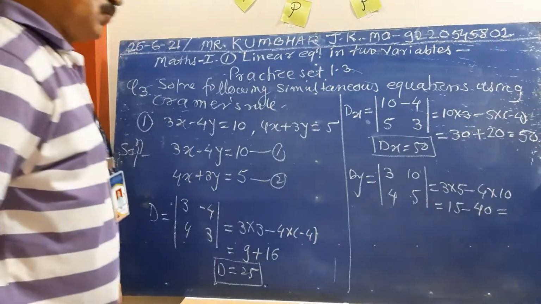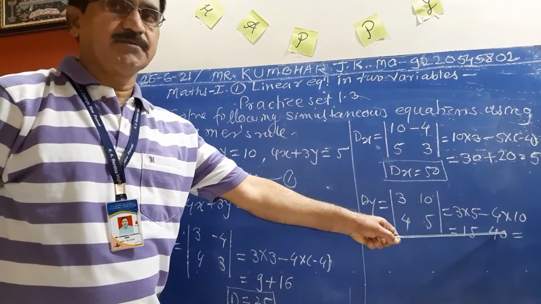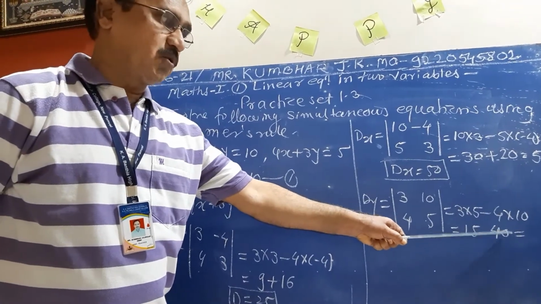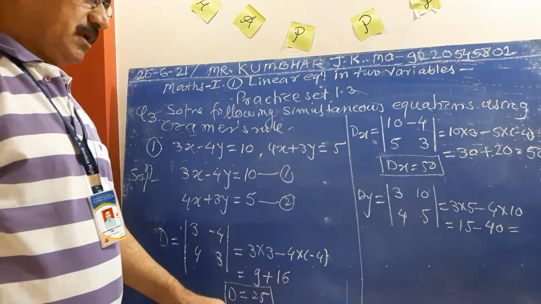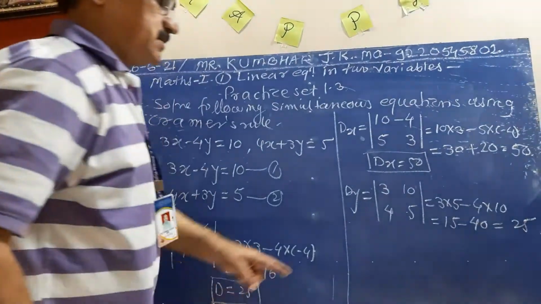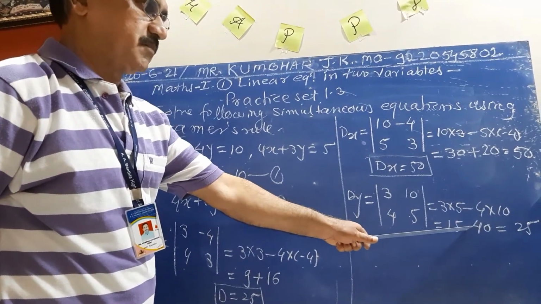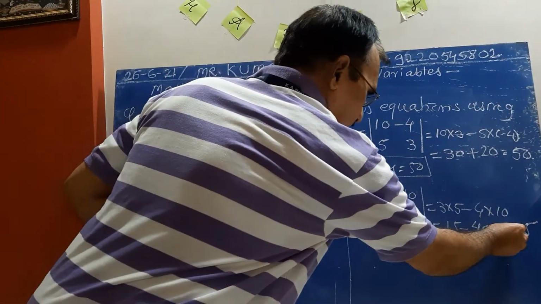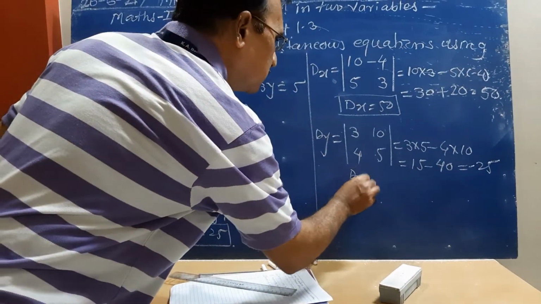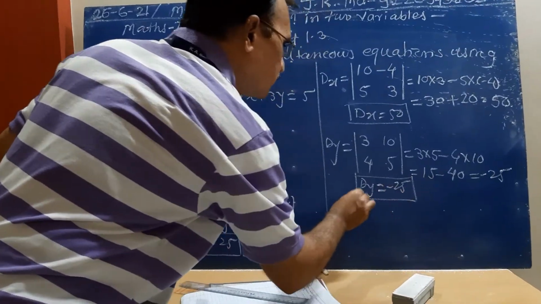Now here this is plus 15 and this is minus 40. Subtract the smaller number from the bigger number, means 40 minus 15, 25, and which sign? The sign of the bigger number. Here the bigger number is 40 and the sign of that number is minus. That means our subtraction is minus 25, which means Dy is minus 25.